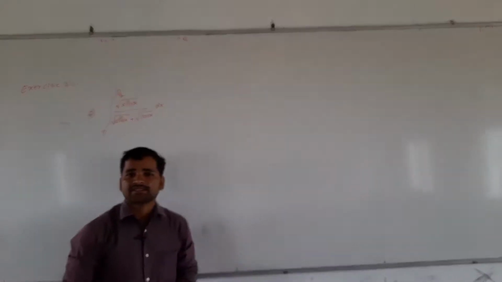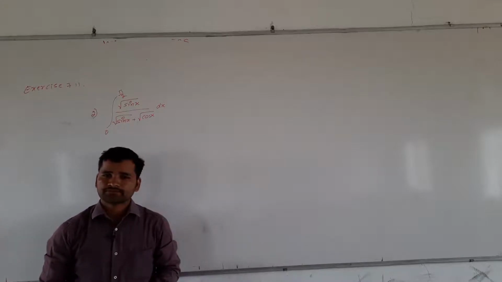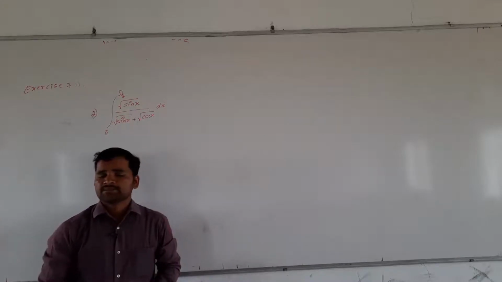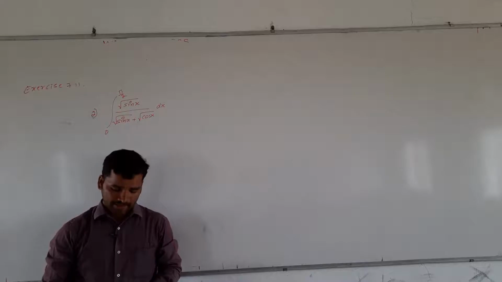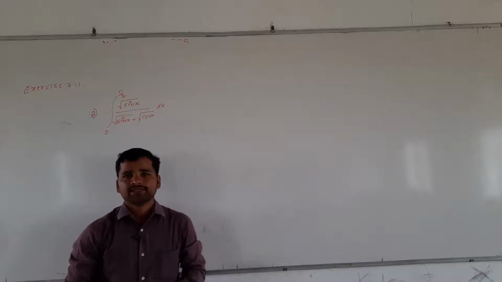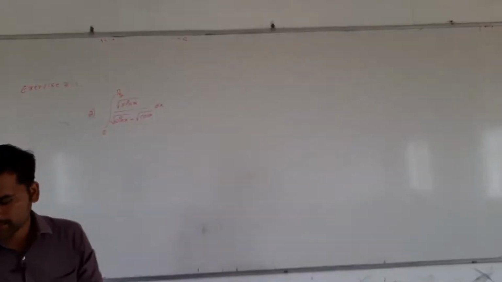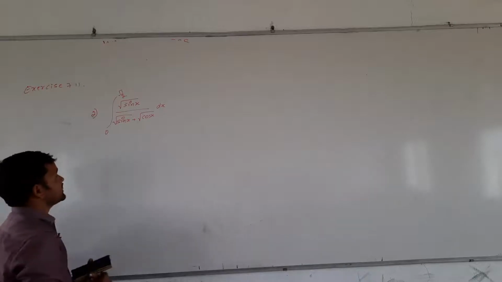Directly we can say this answer is pi by 4. Using the steps I followed for the previous problem, you follow the same thing, you will get the answer. Now I will move to the next.